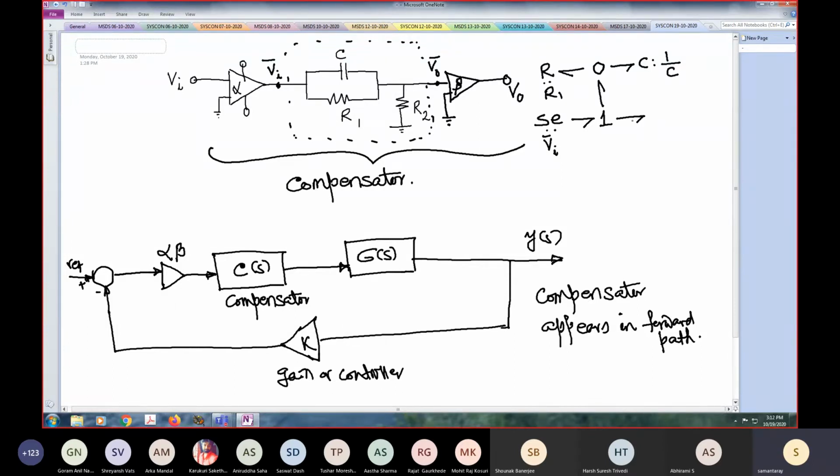Then for the rest of the circuit, again we have a parallel connection, 0, with R2. This goes to the op-amp, and you have a sensor. This is a detector of effort, that is, we measure Vo bar, which gives us the output.